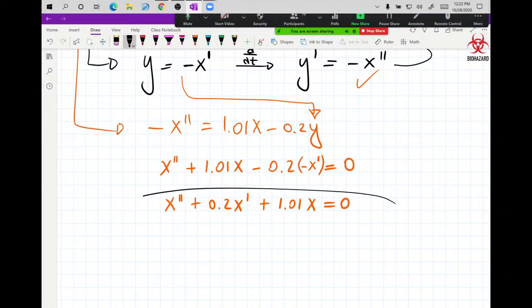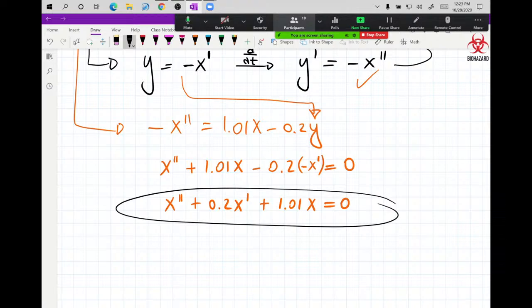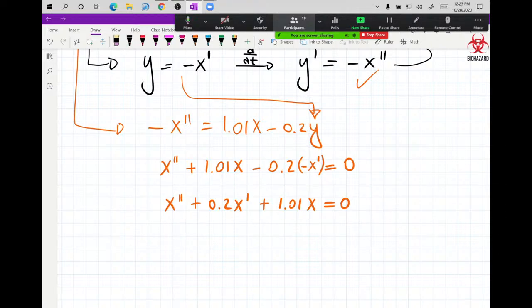So now, as you can see, this is your standard 3.1 problem, where you just factor the polynomial using the characteristic equation r squared plus 0.2r plus 1.01 equals 0. That characteristic equation breaks into complex roots.